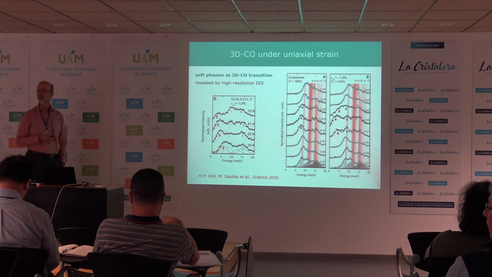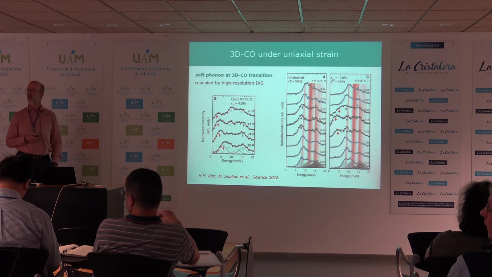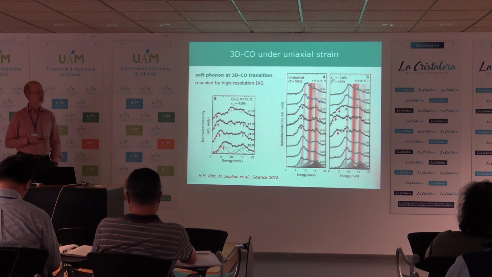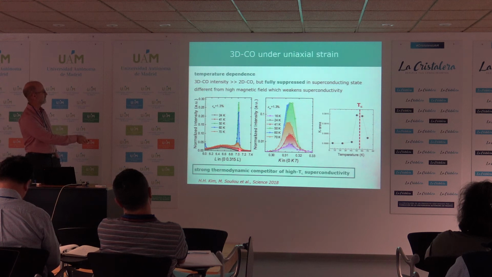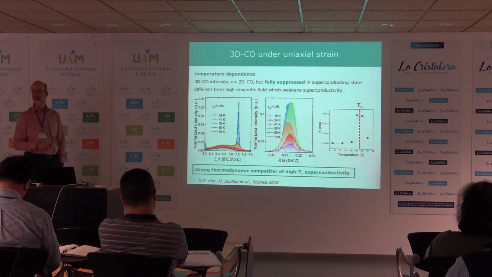So what disappears is the Z direction, the periodicity in Z direction, or does the charge order completely disappear? No. I only show the temperature dependence here, but as a function of strain, the two-dimensional rod is only weakly affected. It's somewhat enhanced, but not strongly. But this peak here is very strongly enhanced. So the 2D charge order is not very strongly affected by strain.